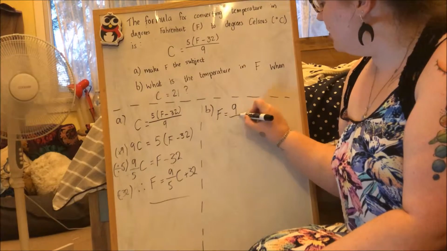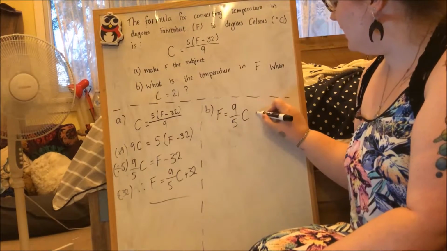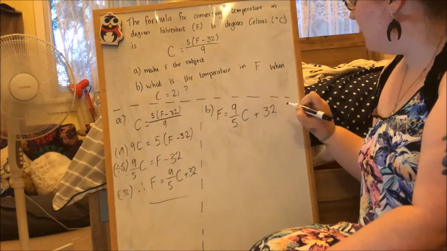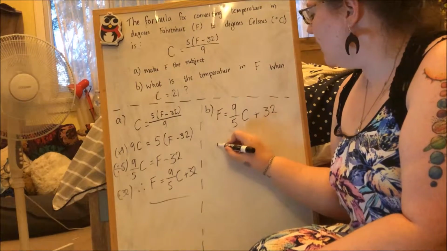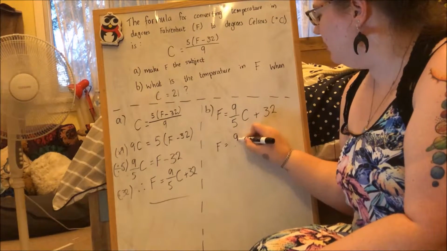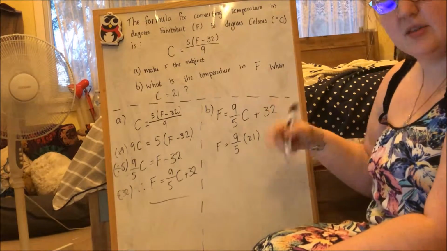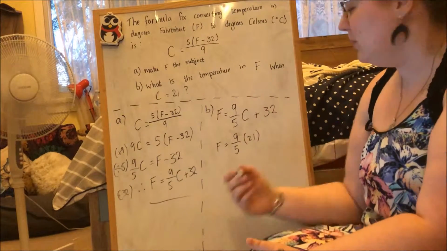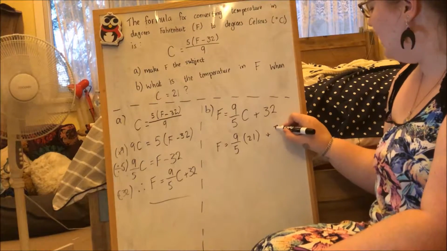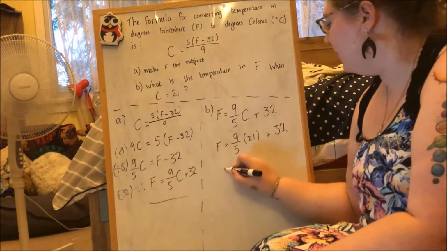So F equals 9 over 5C plus 32. That means F is equal to 9 over 5 times 21, because we're subbing in that 21 everywhere that we see a C. We're going to add that to 32.